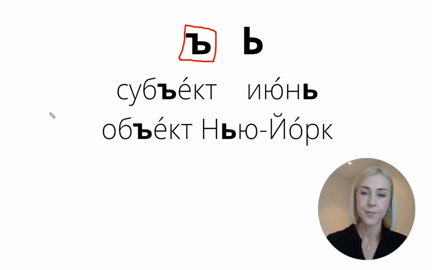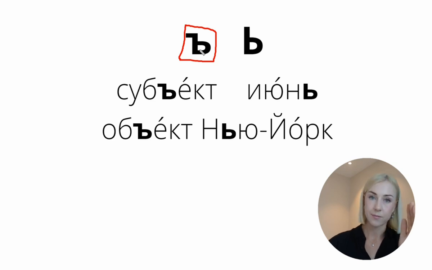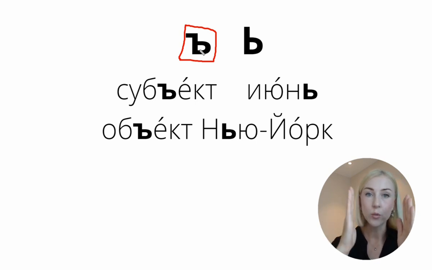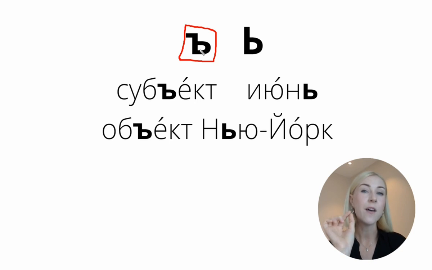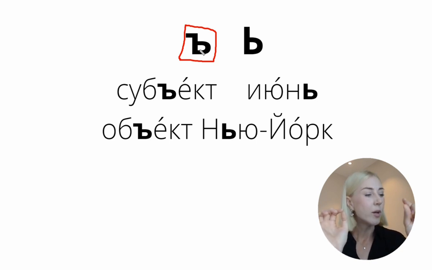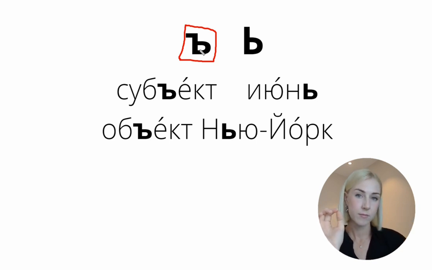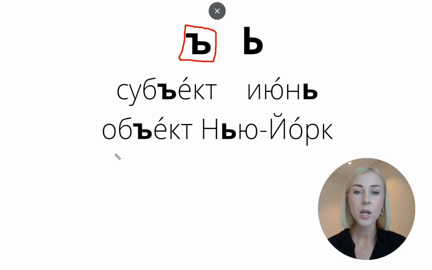It means that when we have a hard sign in the middle of the word, we have to read the word before the hard sign. So we read it, then we stop, and then after a very small pause, we proceed reading as usual. So here we have a Russian word.